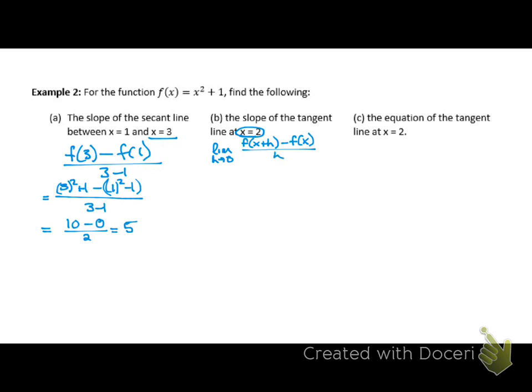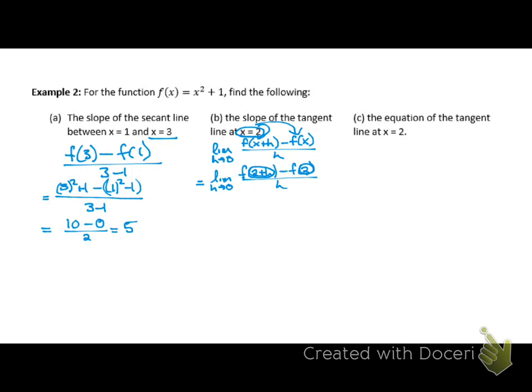And remember, I'm taking this 2 and plugging it in for x. So I'm going to have the limit as h approaches 0 of f of 2 plus h minus f of 2 all over h.